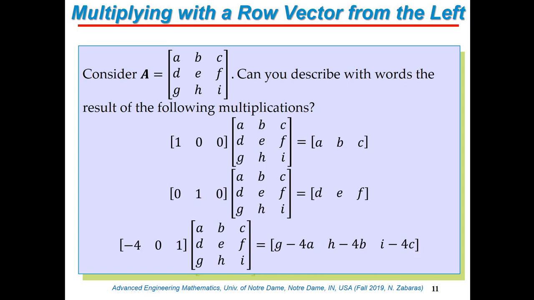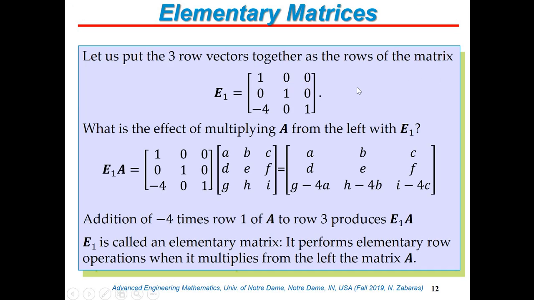Okay? So what I'm going to do now on the next slide is take these 3 row vectors that you see on this slide and put them together as a matrix, to see what is the effect of all of these 3 operations simultaneously on my matrix A. So here is the matrix, how it looks.